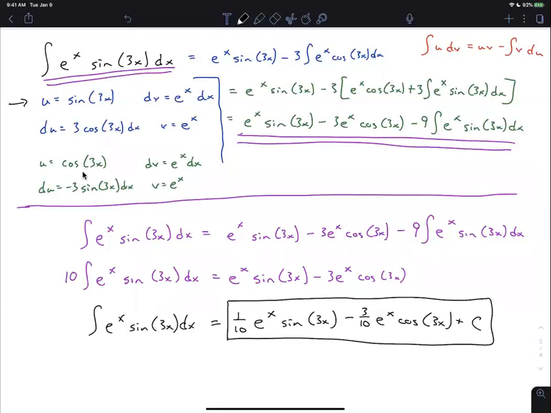So if we had flipped this, if u had been e to the x when u up here was sine, then you would get down to 0 equals 0, which is true, but does not help you get an answer. Does that make sense? If you pick u as the trig function here, u still needs to be the trig function here. Whatever you go with in the beginning, you need to continue with that. Okay, other questions?